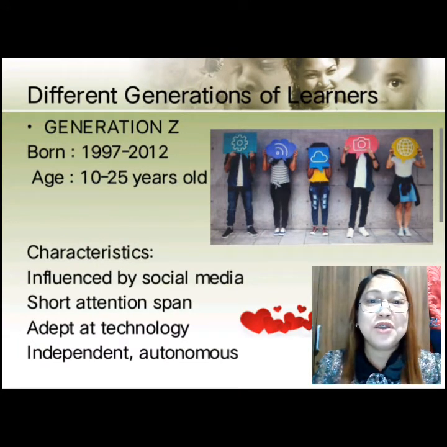Next is Generation Z, which is often referred to as post-millennial, who were born in 1997 to 2012. Their ages this year are from 10, and the oldest member of this group is 25 years old. This means that the majority of our senior high school students are part of Generation Z. They are influenced by social media, have a short attention span, are adept at technology, and are independent and autonomous.